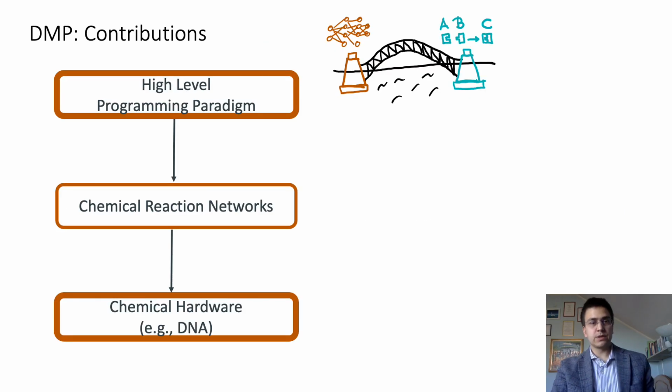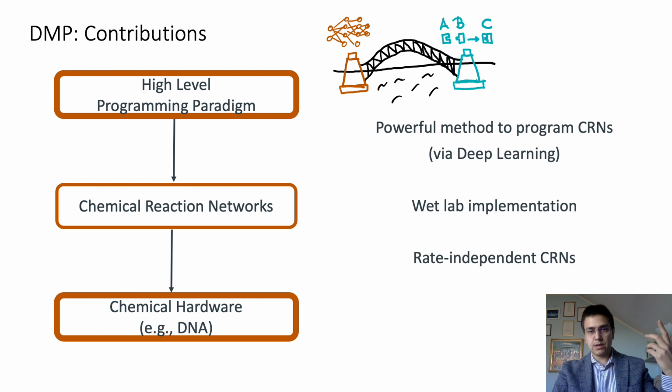So what are the contributions of this part, of the DMP, of the bridge between CRNs and neural networks? It's twofold. On the level of high-level programming paradigm, what we enabled is a powerful method to program CRNs, now with data and deep learning instead of imperative programs. On the other side, we also performed wet lab implementation, and our approach is very feasible for implementation.